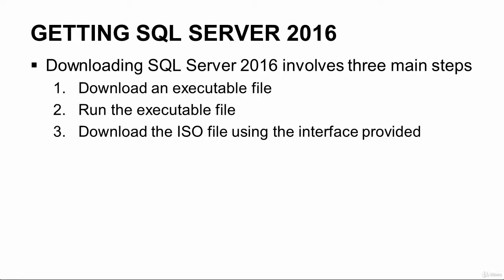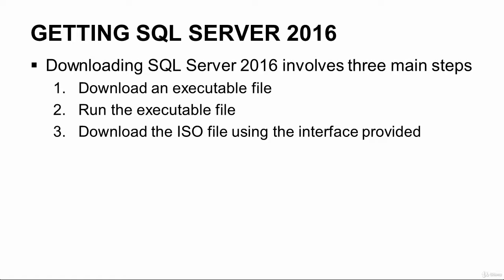Now, I'm going to strongly encourage you to go ahead and take the hit on waiting and bandwidth, and download this ISO file, somewhere around 3 gigabytes. You can copy this ISO file to a thumb drive or to a network location, and then use it to install SQL Server 2016.